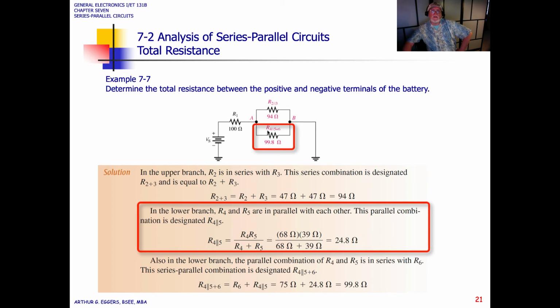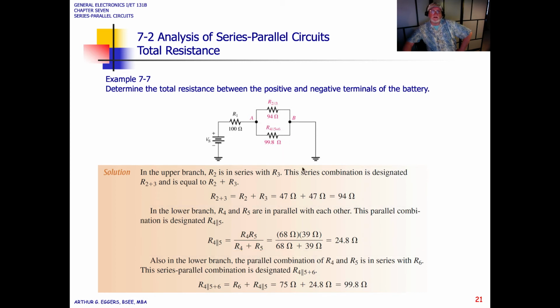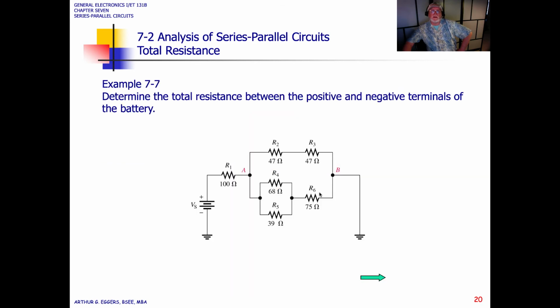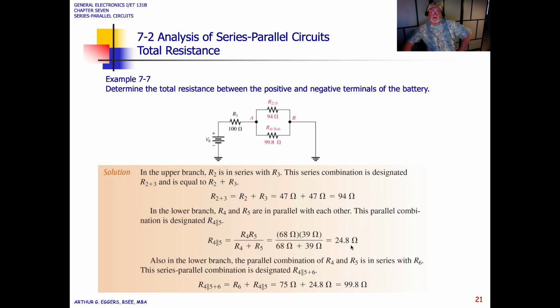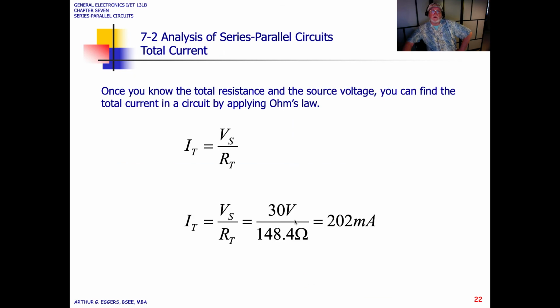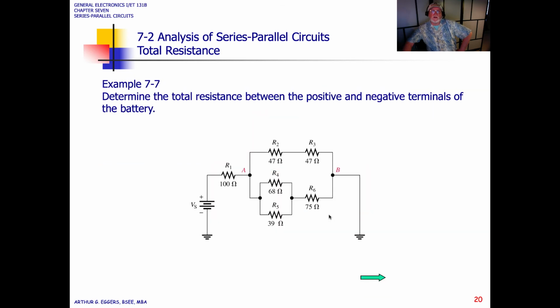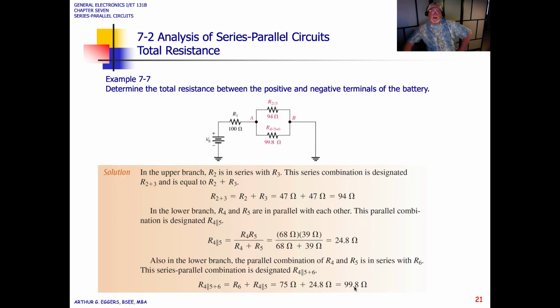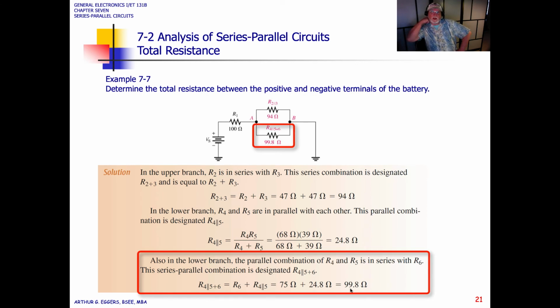So now we have this in parallel with this. Also in the lower branch, the parallel of R4 and R5 is in series with R6. Let's go back. There's R6, and R4 and R5 are in series with R6. So I take 24.8, add it to the value there of 75, and I get 99.8 ohms.